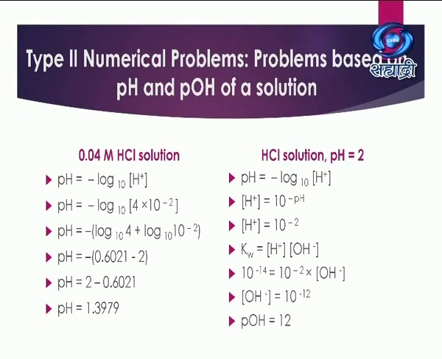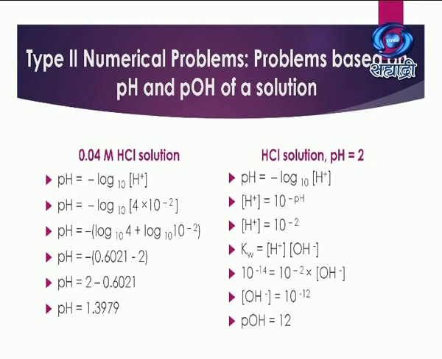Now, the HCl solution is acidic, as we know. According to the concentrations of H plus and OH minus ions, we calculated both concentrations. Just compare these values: 10 raised to minus 2 moles per liter H plus ion concentration and 10 raised to minus 12 moles per liter OH minus ion concentration.